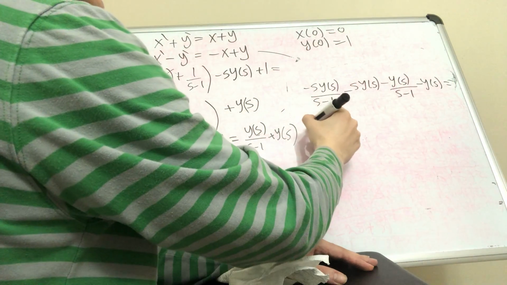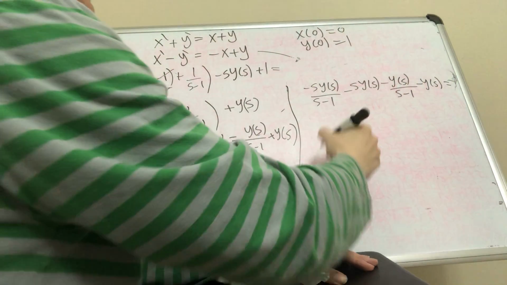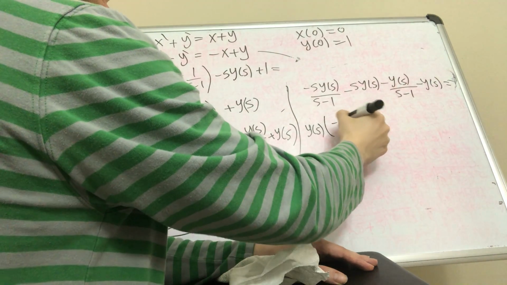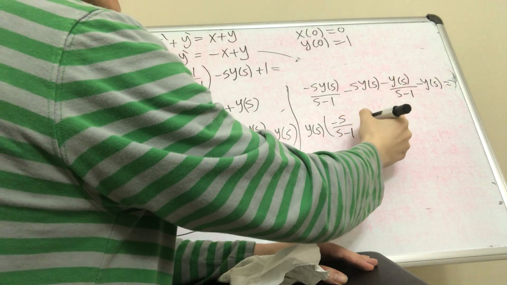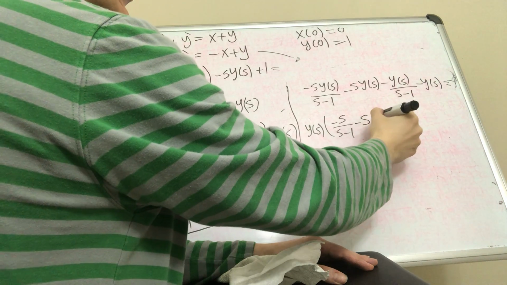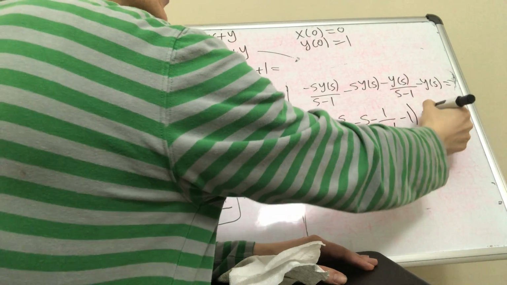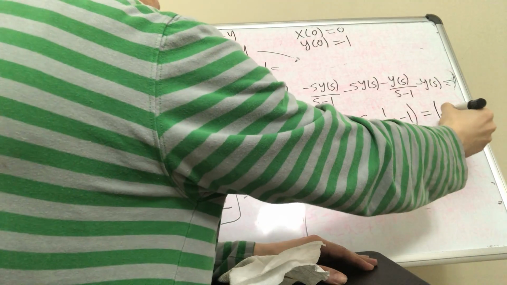If you take y of s common factor now, s over s minus 1, s minus 1, negative 1 equals negative 1.